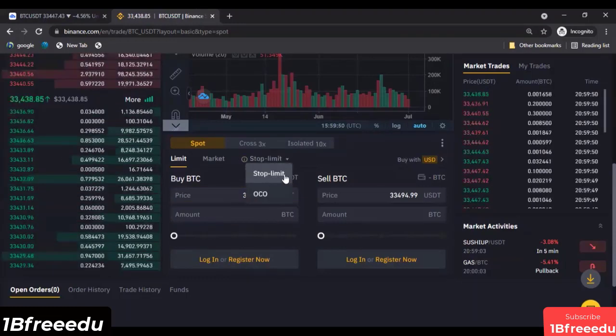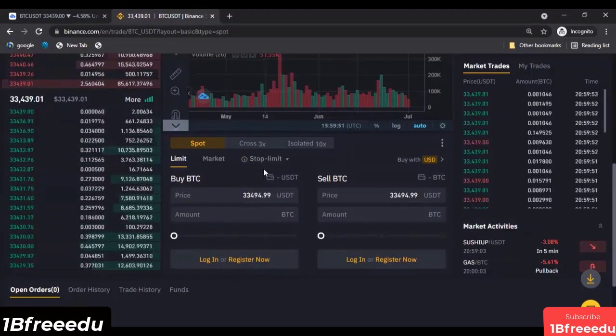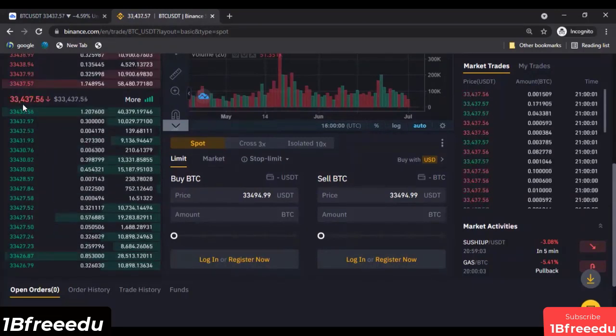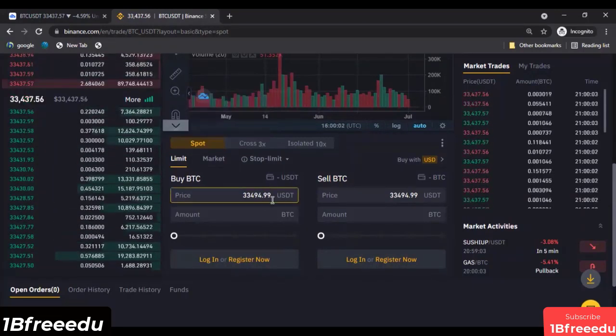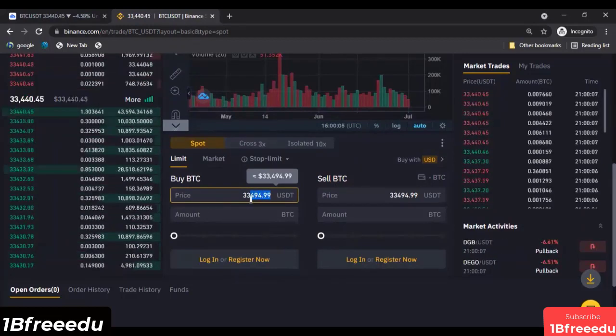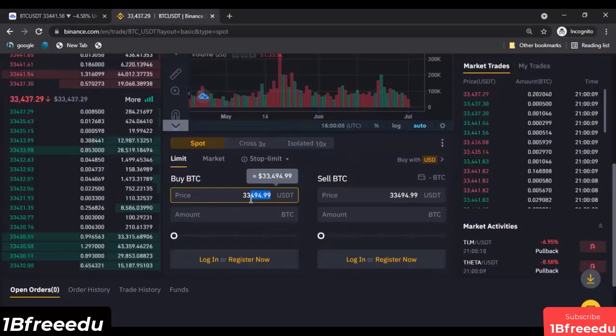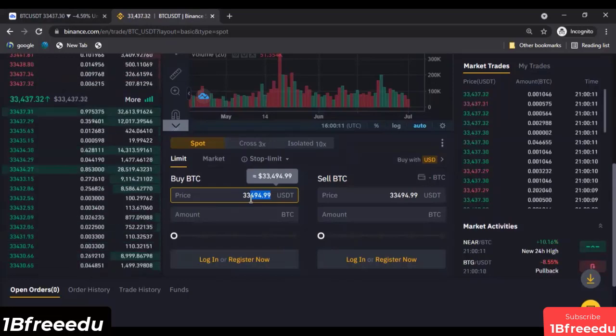So there are three types of windows right here. The limit is basically, for example, the current price of BTC Bitcoin is 33,437 or 435, around that. This is how you will automate your whole trading.